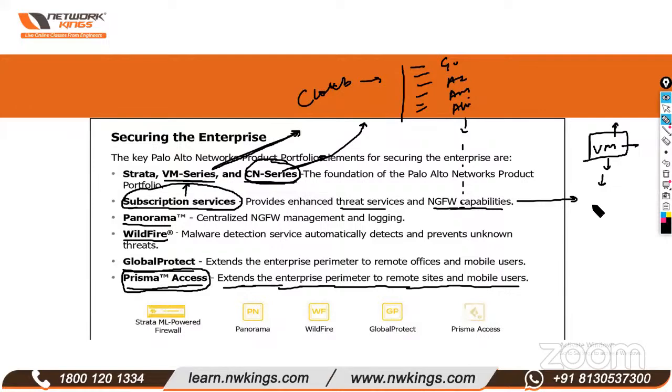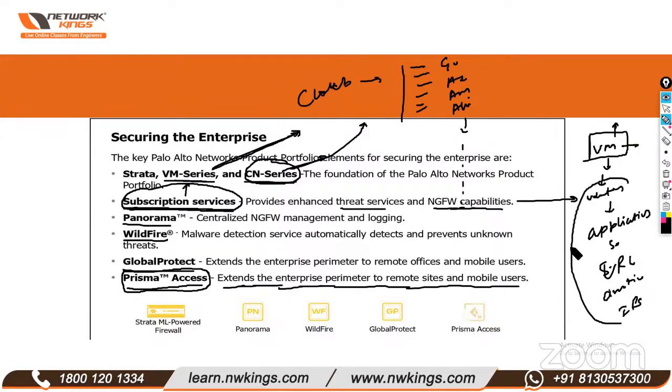When you enable the license, this subscription model will get enabled and you will start getting updates. What kind of updates? It can be application signatures updates, URL filtering updates, antivirus signatures updates, or IPS signatures updates. So you will be getting all these updates from the subscription services, right?